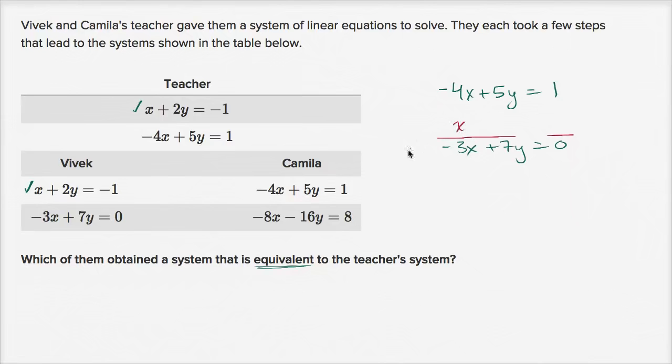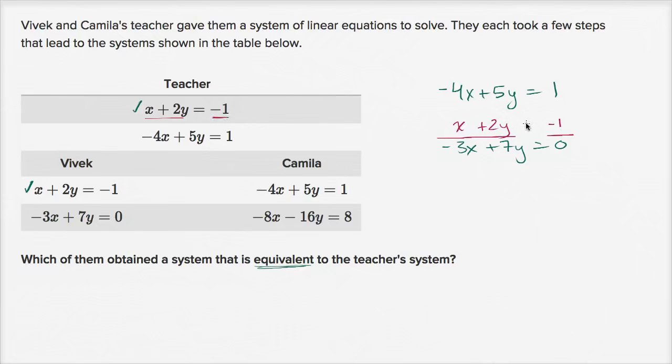To go from 5y to 7y, he would have had to add 2y. So on the left-hand side, he would have had to add x plus 2y. Notice we have an x plus 2y right over there. And on the right-hand side, he would have had to add a negative 1. Notice we see a negative 1 right over there.